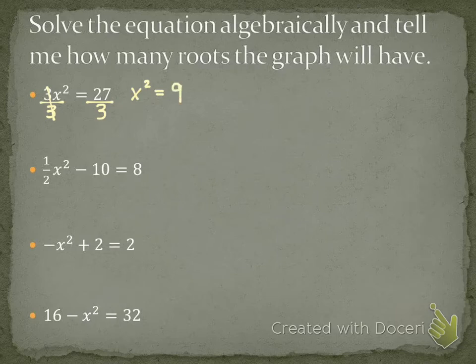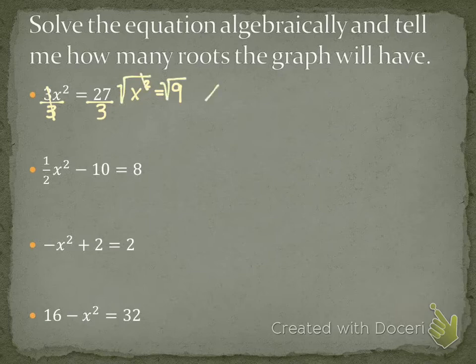What am I going to do now to solve for x? Josh? Who can help him out? Emily? Find the square root, because remember, x squared is not by itself. I have to do the square root and the square root.